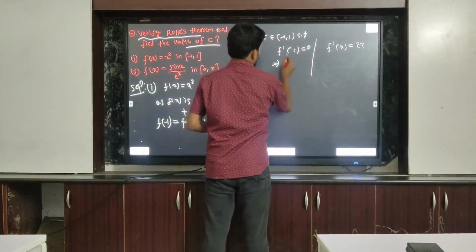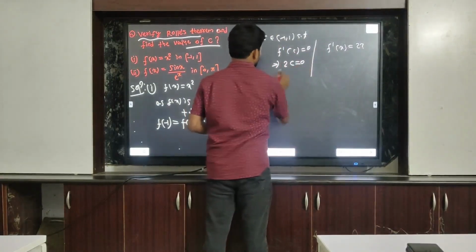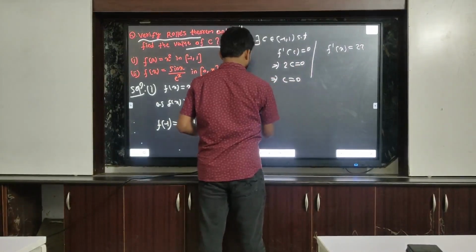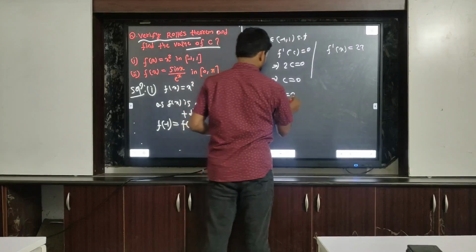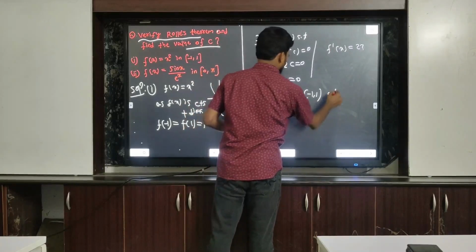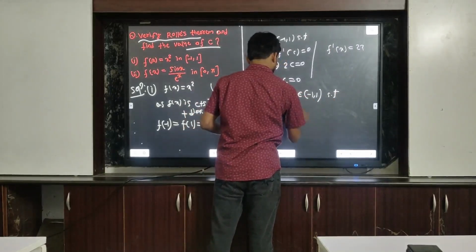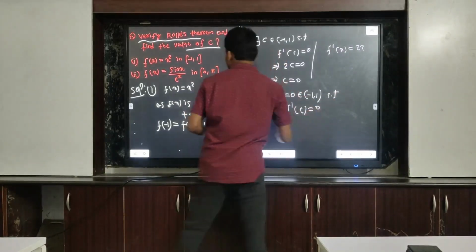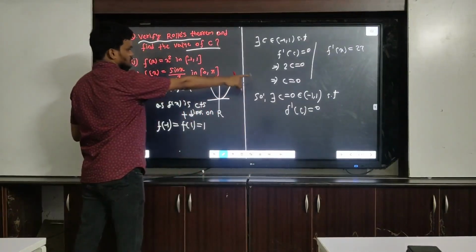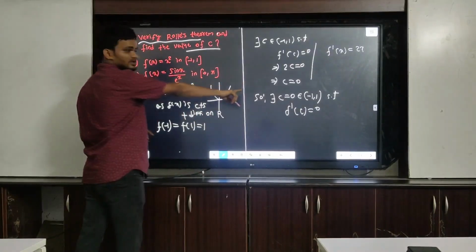So f dash c is equal to 2c, so c is equal to 0. So what we get is there exists c equal to 0, which belongs to the open interval minus 1 to 1, such that f dash c is equal to 0.